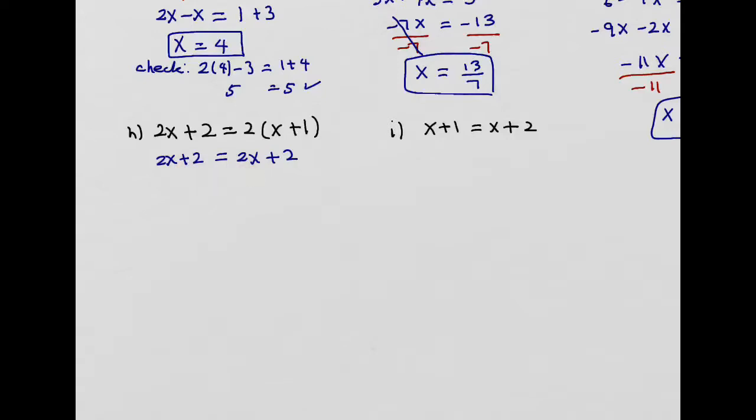But let's say you didn't realize you have the same thing. What you need to do next is put the numbers with the variable together and the numbers without the variable together, right? And this gives you 0, and the other side is also 0.